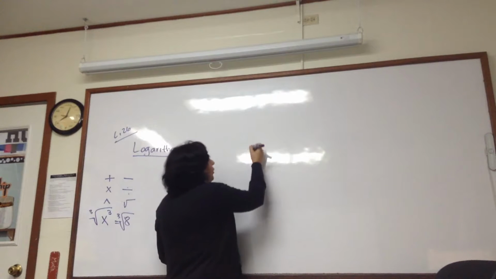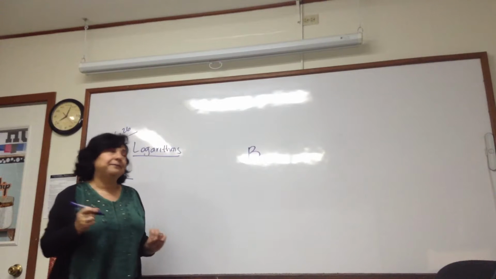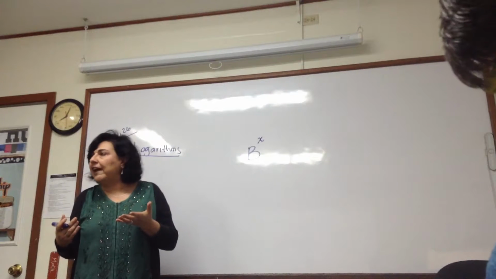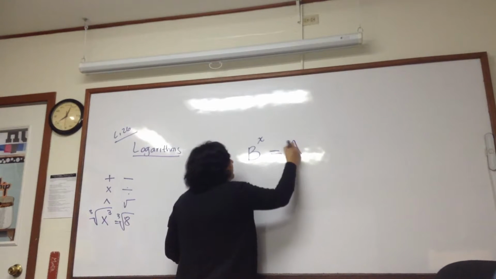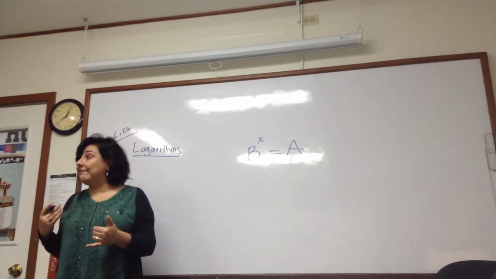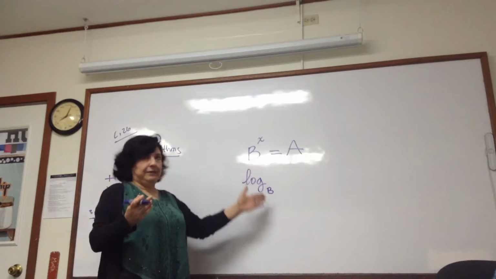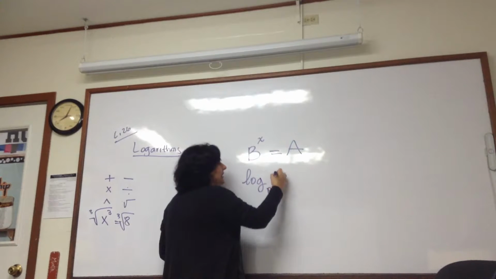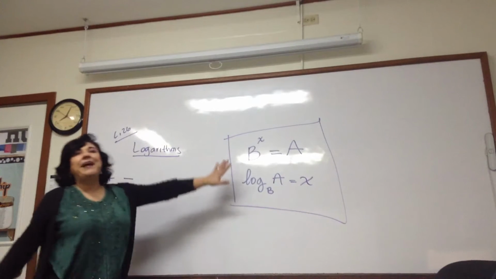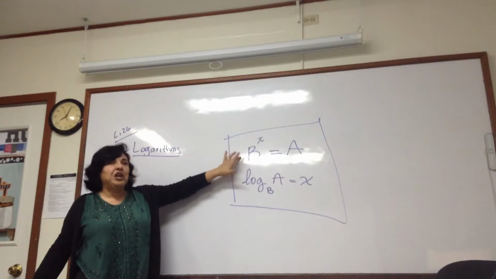If I have b for a base, and this is my exponent, which I'm going to call x because I'm usually looking for x, and this gives me an answer, the inverse of this, my logarithm, so I can find the x, is logarithm base b of the answer gives me x. This is the key, okay? These are inverses of each other.